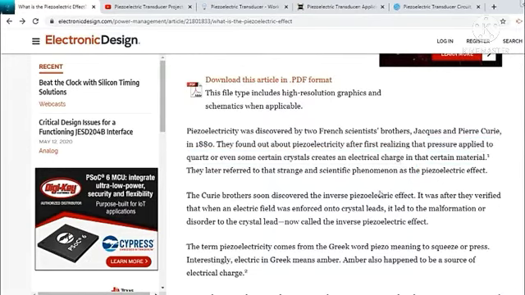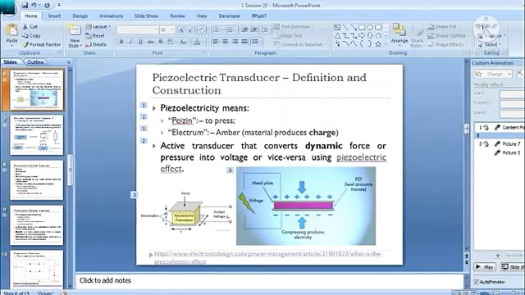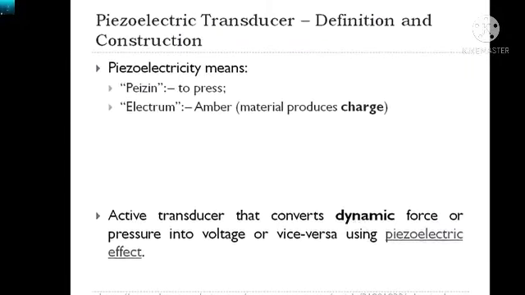This they called the piezoelectric effect. They also discovered the inverse piezoelectric effect, wherein an electric signal is converted into mechanical deformation. And an application, a very well known word: Siri on your smartphone. That means the microphone uses the piezoelectric principle. Interesting. Let us come back to our presentation.